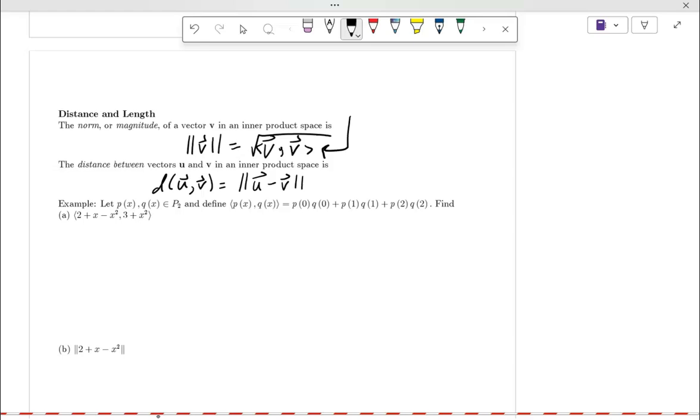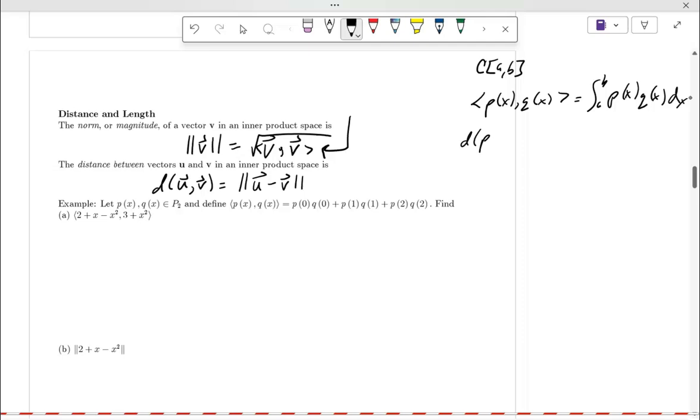Notice, and this is important for function approximations, going back to that example with the continuous functions on the interval from a to b, that inner product. We can also talk about the distance between p of x and q of x using this definition.